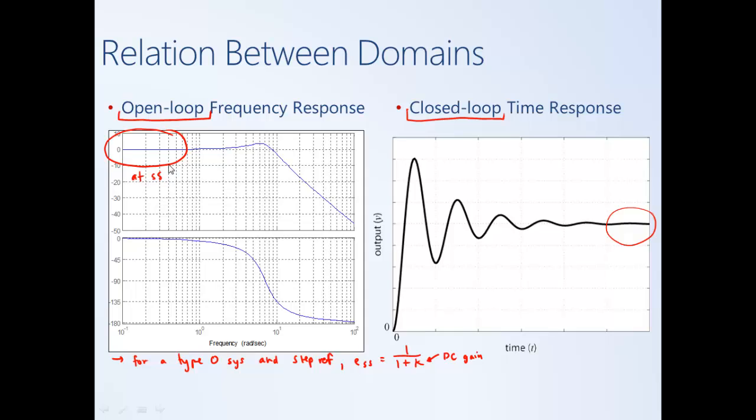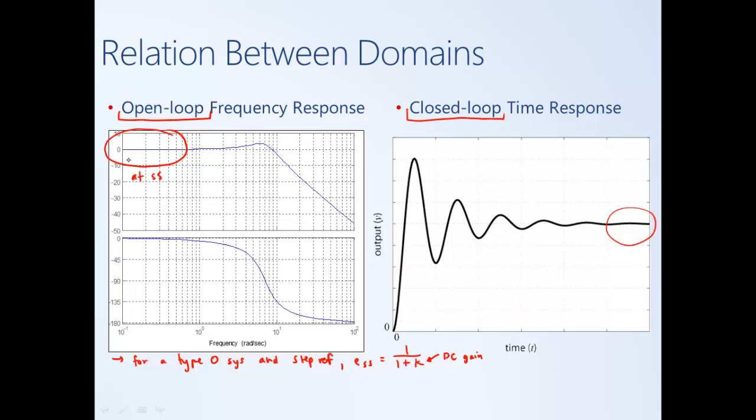Now let's think about what might tell us about a system's speed of response, for example, its peak time, how quickly it rises or reacts. So looking at the frequency response plot, what we can see is that most typical systems can track slowly moving inputs well.